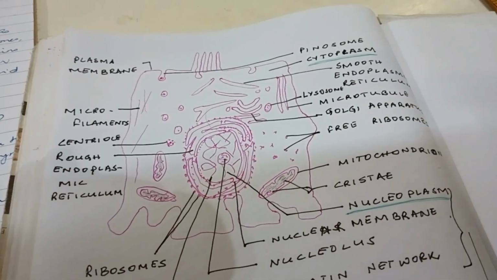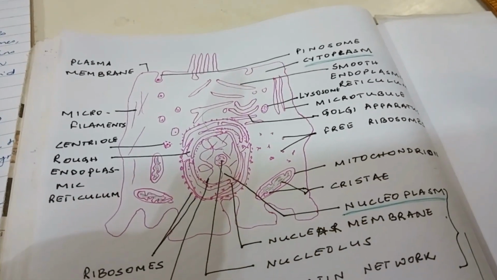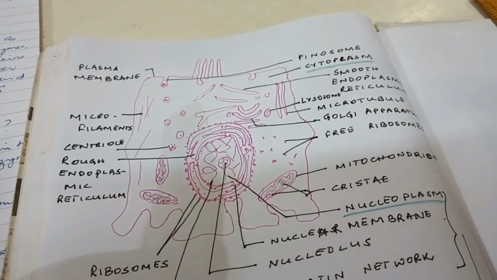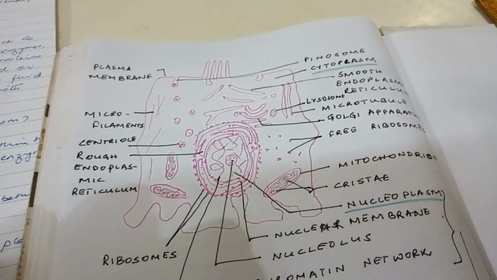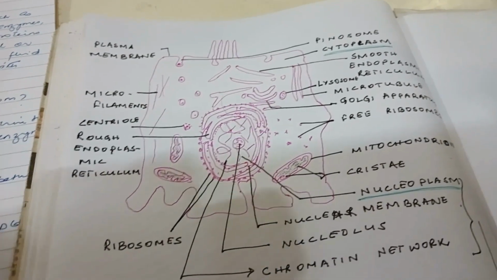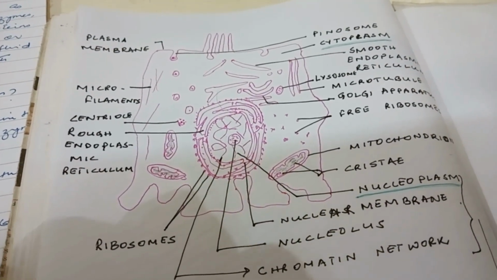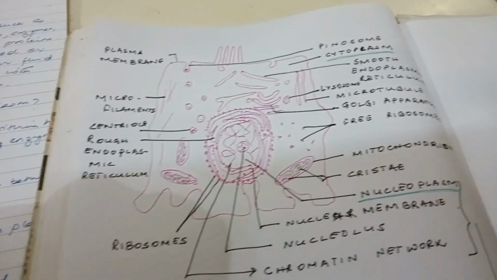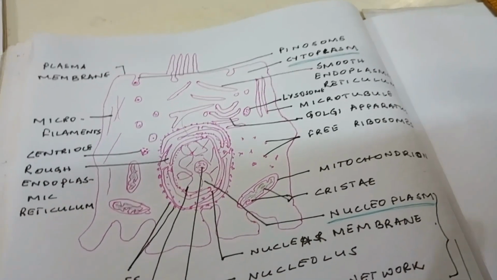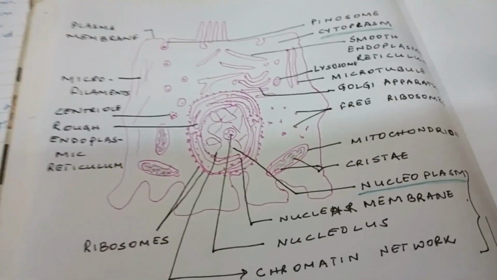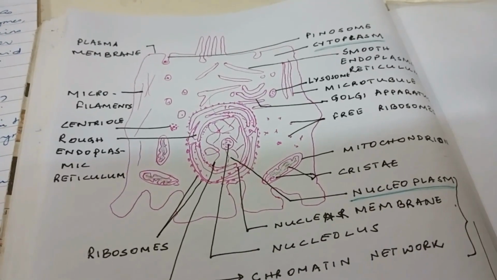The cytosol, or the cytoplasm, which exists in the solid state or the fluid state, is also known as the crystallocolloidal system. We can call it the crystallocolloidal system with water as the dispersion medium.